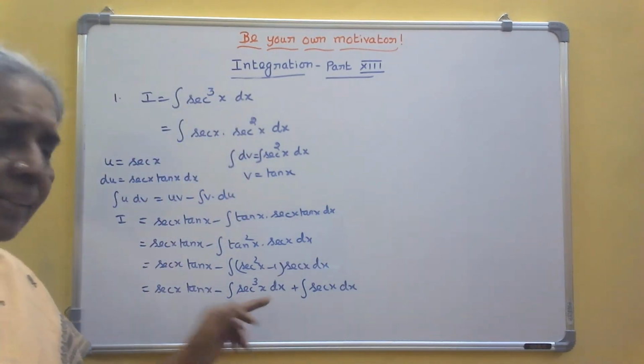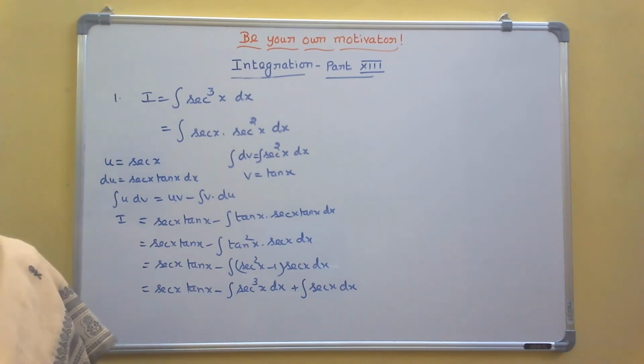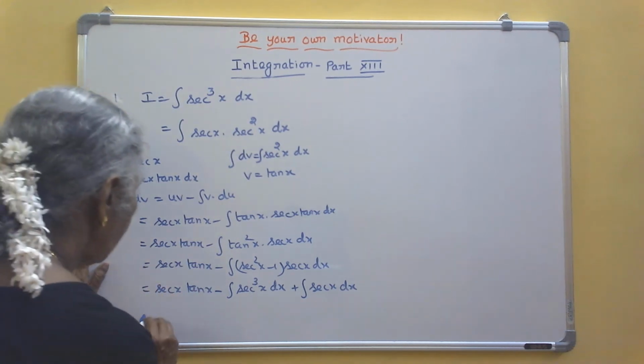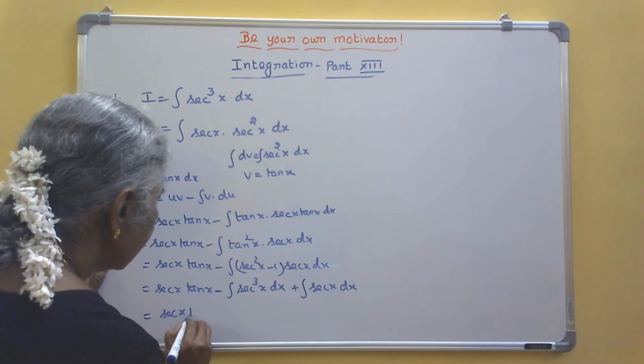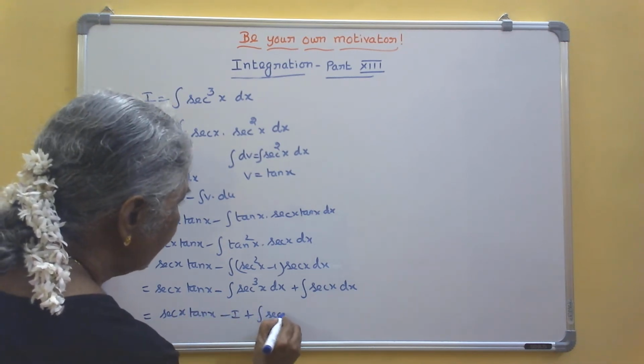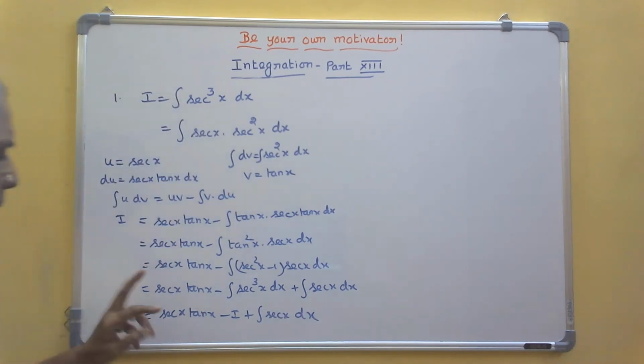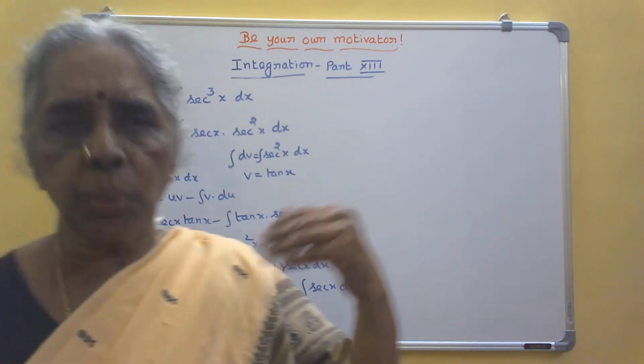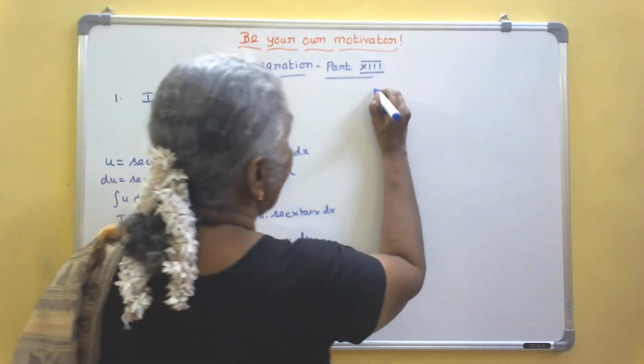What is the second term? That is nothing but your I. So now you will get secant x tan x minus I plus integral secant x dx. Bring this minus I to the left hand side. You already have your I there.